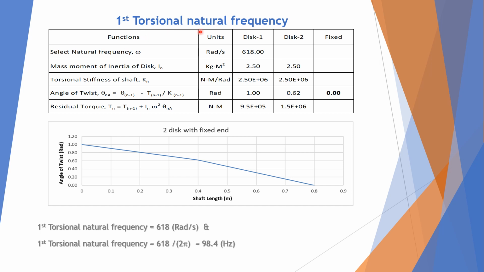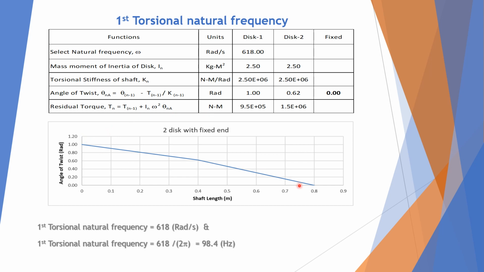So the first torsion natural frequency using the Holzer method is coming as 618 radian per second, and in hertz, after dividing by 2 pi, it is coming as 98.4 hertz.